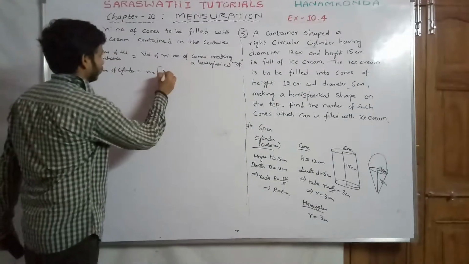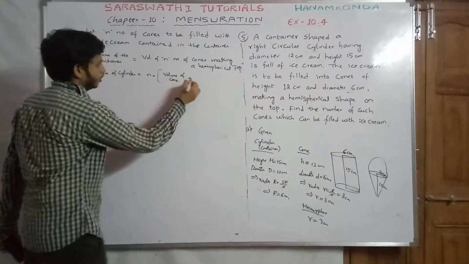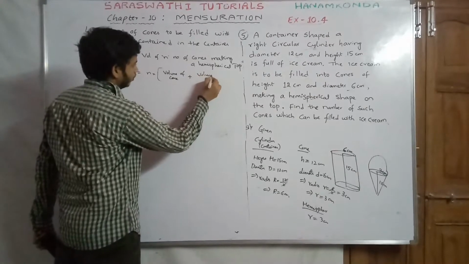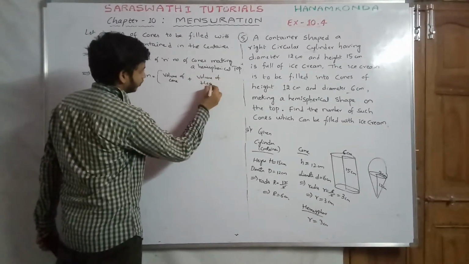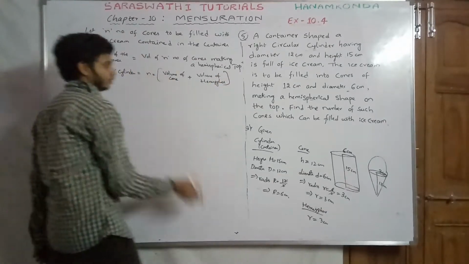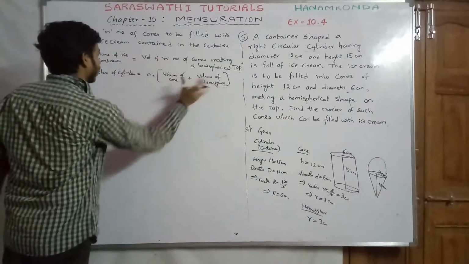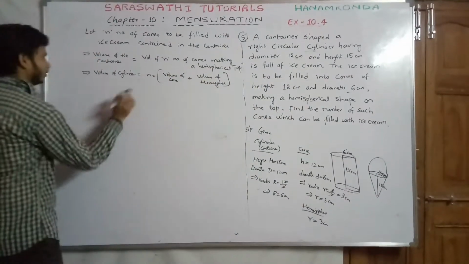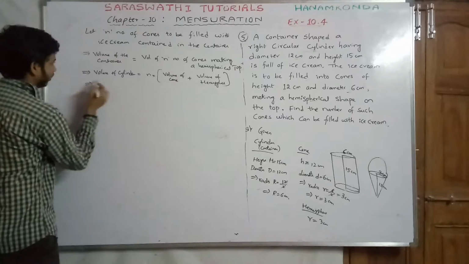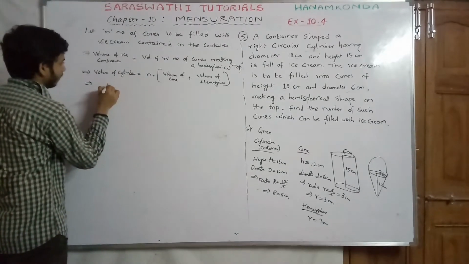Since there are n cones each making a hemisphere top, we take n into the volume of cone plus the volume of hemisphere. The formula for the volume of a cylinder is pi r square h.